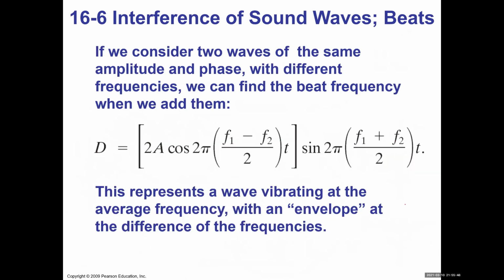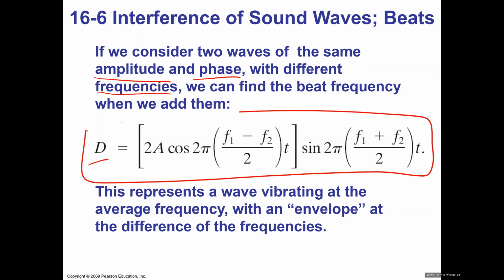Now, for the interference of two waves, if we consider two waves moving in the same direction with the same amplitude and same phase, but with different frequencies, we can find the beat frequency by adding those two waves together. So A sine kx minus omega t plus phi for one, and exactly the same thing for the second one, add together, and then this is the equation for the beat frequency.